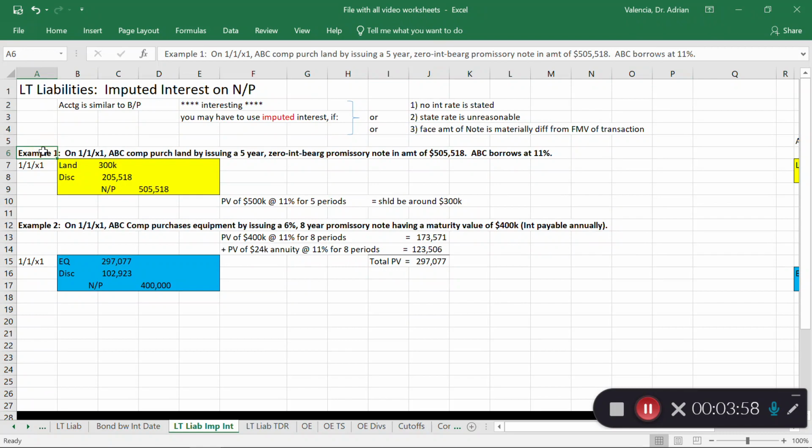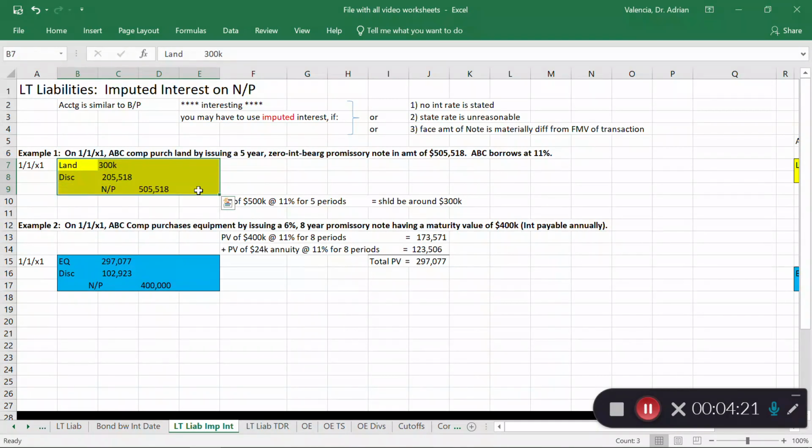Here's the first one. On January 1st of X1, ABC Company purchased land by issuing a 5-year, 0 interest-bearing promissory note in the amount of $505,000. And ABC normally borrows at 11%. So notice what's happening here. Since we are on the topic of long-term liabilities, we're going to look at it from the perspective of the person borrowing the money. But you can also visualize it from the seller, who is also going to do this present value calculation.